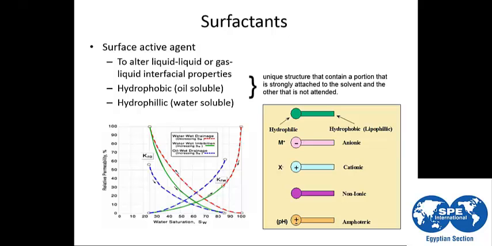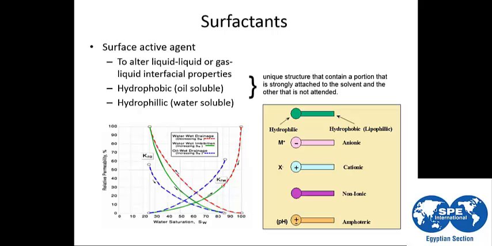So you will reduce the tendency of the fracture fluid to damage the reservoir, because of the gelling agent itself. The gelling agent is a polymer, and the polymer has a long chain, and we are using the breaker to break these chains and reduce the size of the molecules.